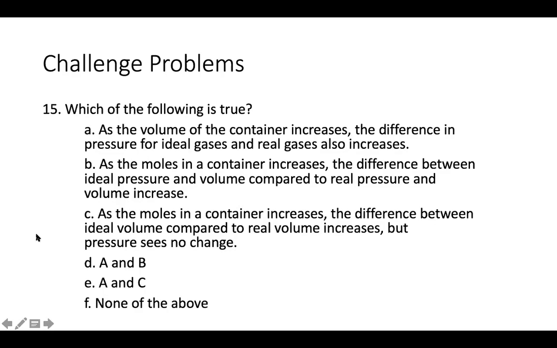Especially for chapter 5, it's going to be kinetic molecular theory and effusion, diffusion, and your van der Waals equation. Those are the topics they're going to ask more theoretical questions about, because they don't really focus on calculating with those.